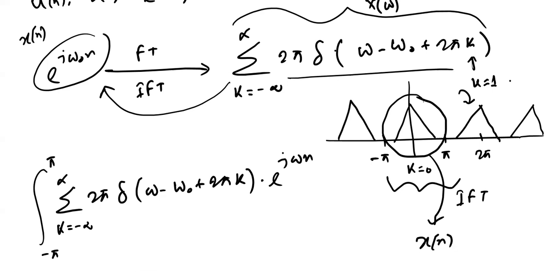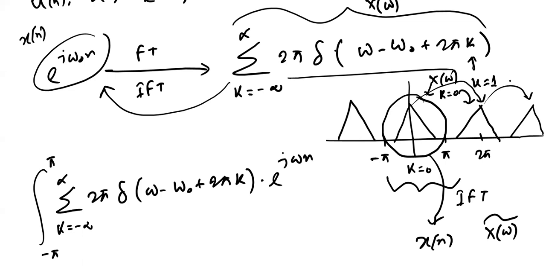So this portion shows the X(omega) for k equals 0. That is the baseband. And from our previous experience, we know that X(omega) is a periodic function. Periodic function means after pi, after twice pi, that will repeat.